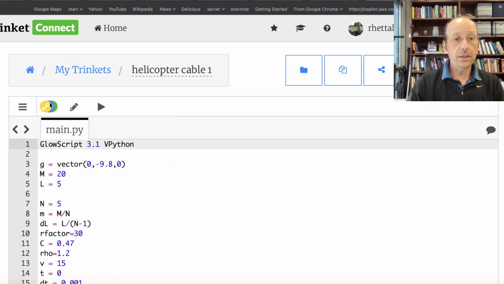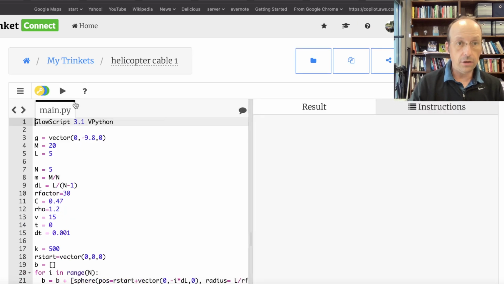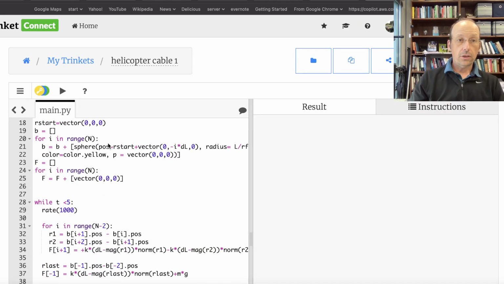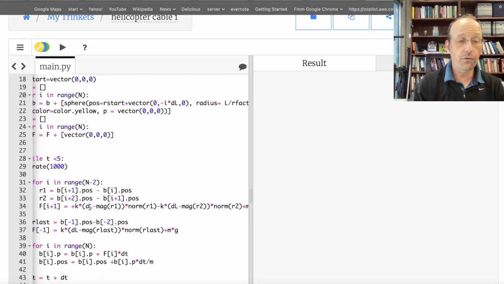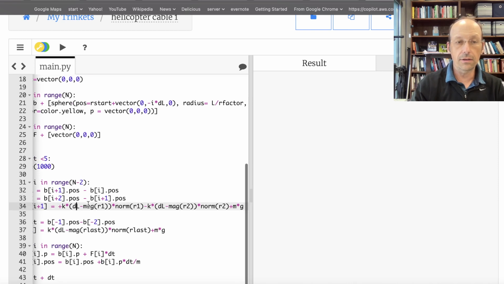So now I just need to add in a drag force. So I know the velocity. This is not going to be hard. I've already calculated the force on all of the pieces right here, except for the first one and the last one. So I can just add to this.